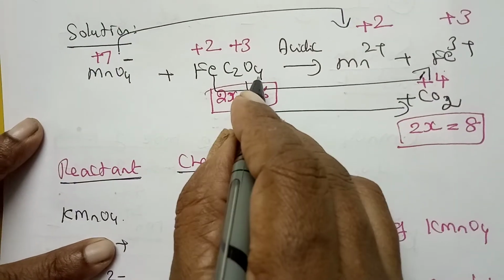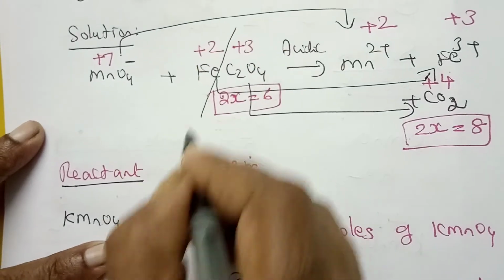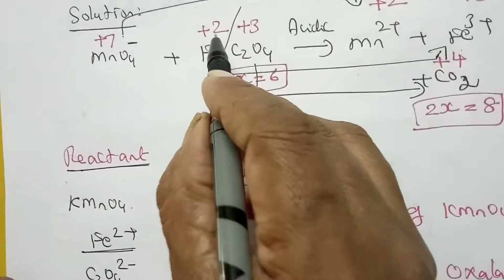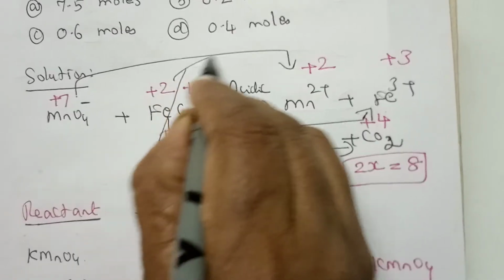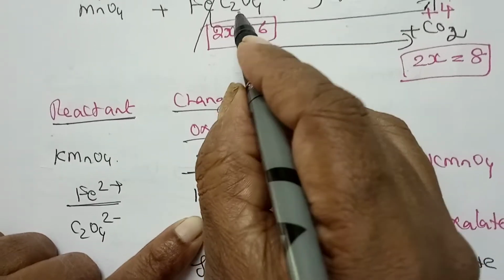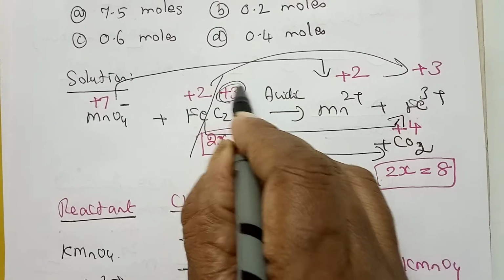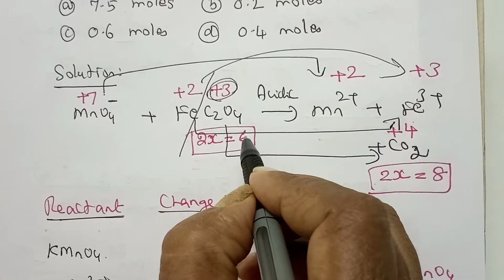Then coming to the ferrous oxalate, you divide it into 2 categories. One is the ferrous ion, which is oxidized from +2 to +3. So the difference in oxidation state is 1. Now let us go to the oxalate, where the oxidation state of the 2 carbons is equal to 6.